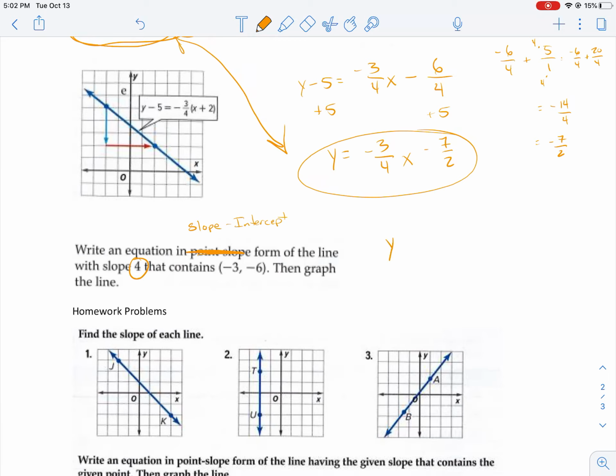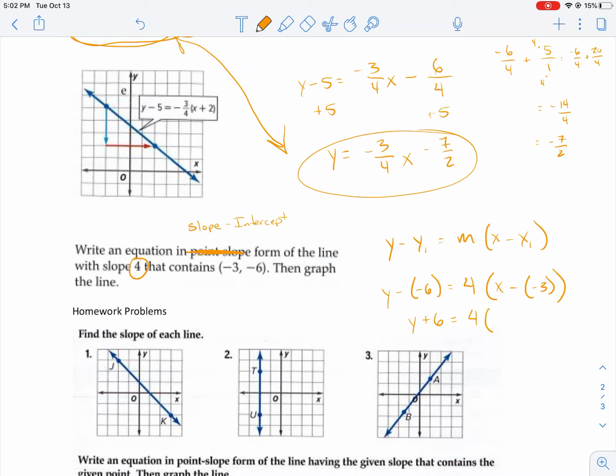So we're going to go y minus y1 is equal to m times x minus x1. All right, and so in this case, our m is 4. Our y value is a negative 6. And our x value is a negative 3. All right, so let's simplify this, make this look nice. 2 negatives in a row makes that a positive.